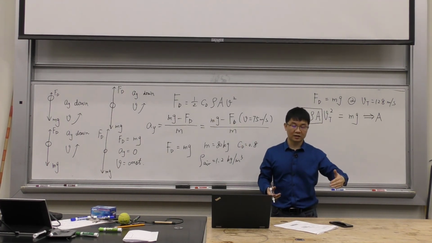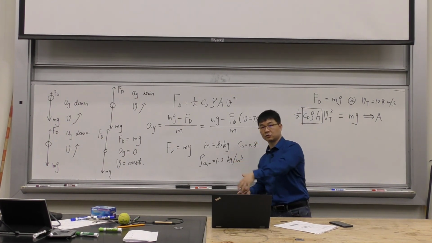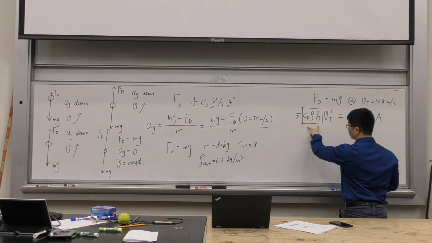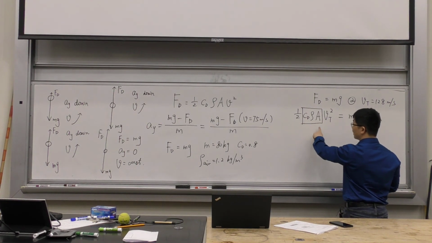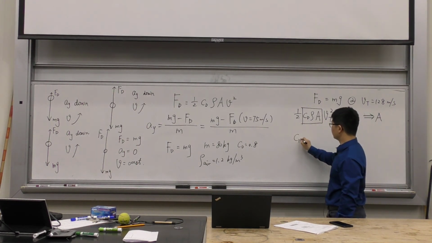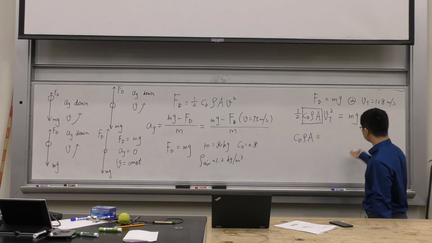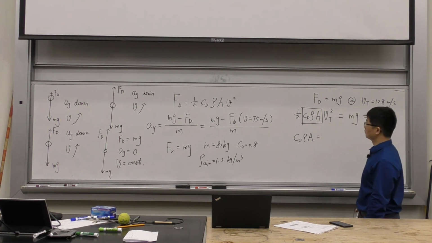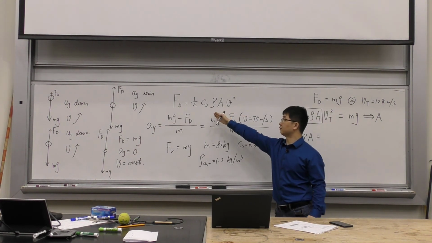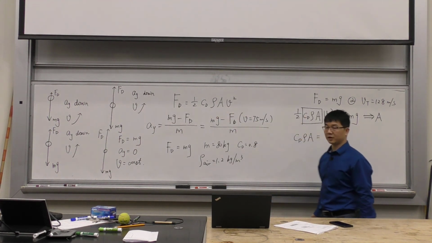I don't need to divide by CD rho A and then multiply by CD rho A. I'm just going to find this product. I'm just going to treat this as one parameter, right? So that's going to just make my algebra a little bit easier, but there's nothing wrong if you want to find A yourself and then plug it back in, multiply by CD rho. You will get the same answer.